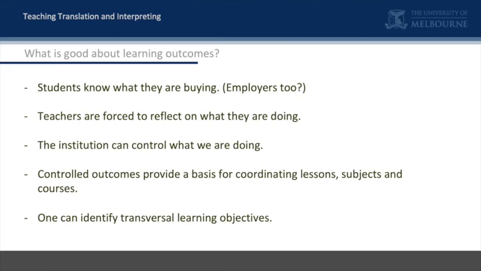So, for example, we train them in translation, but they finish up doing many other things with language. And to enable that to happen, we need a lot of what's called transversal learning objectives, things you learn when you're learning how to translate, that can be applied in other language tasks. And the place to do that is on the level of learning outcomes.